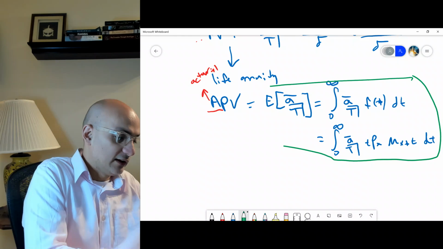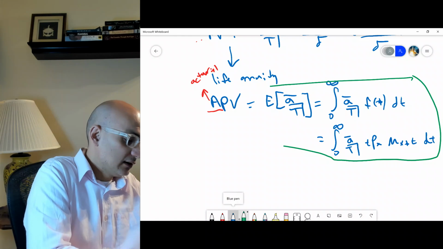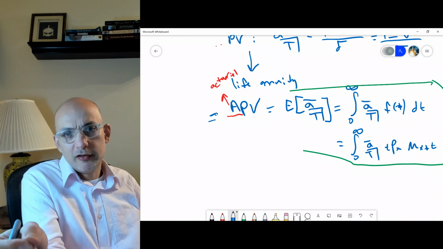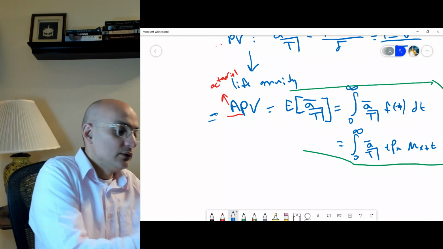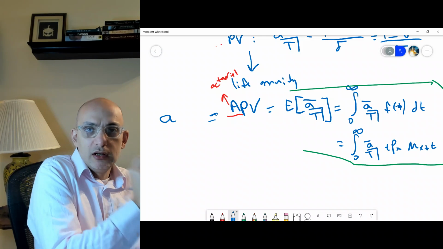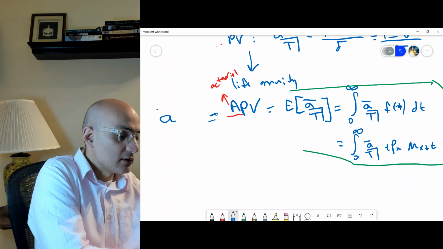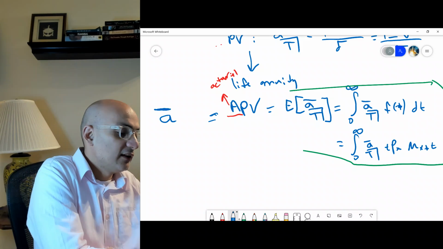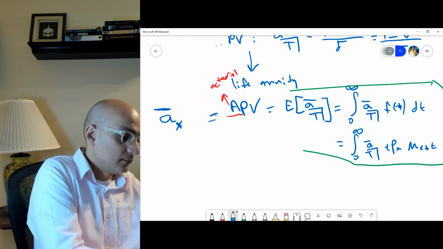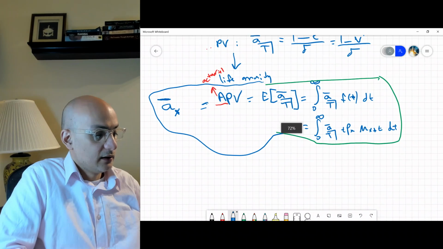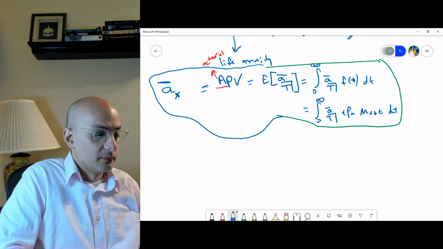For the insurance benefit, we use capital A. Now we're going to use small a, a-bar x. It's the continuous case because it pays $1 continuously every year, and it starts at age x. This is the general formula.